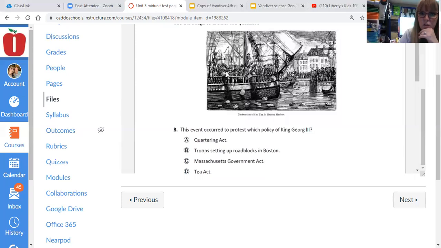So this picture depicts a protest of what? Quartering Act, troops setting up roadblocks, Massachusetts Government Act, or Tea Act. Okay, next.